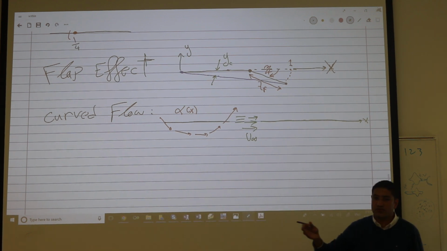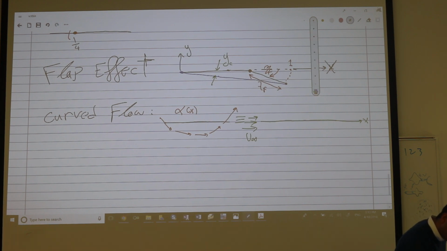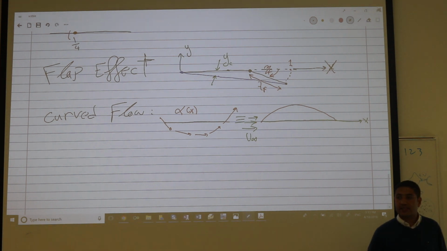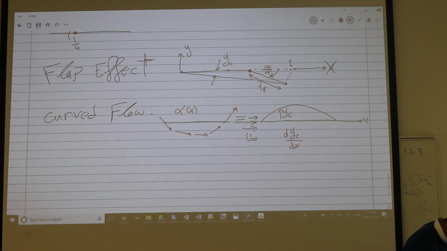It is the angle between your flow and the tangent, right? Okay, so I'll make the tangent such that it's the exact same equivalent angle of attack. So actually, this means that dy camber by dx, the equivalent y camber, is simply negative alpha.